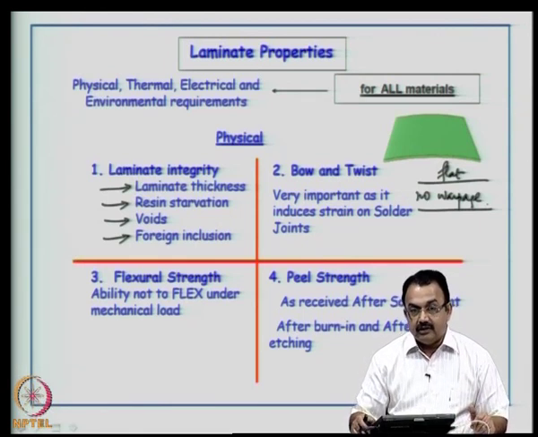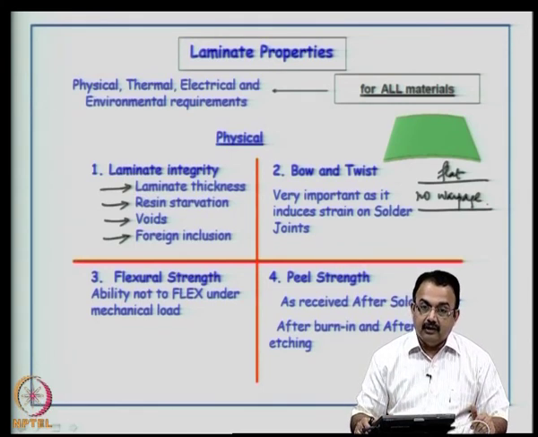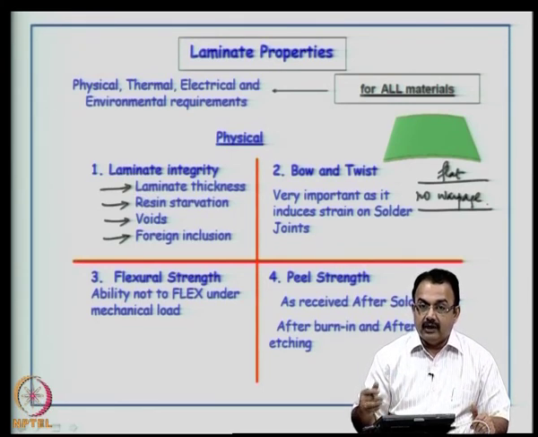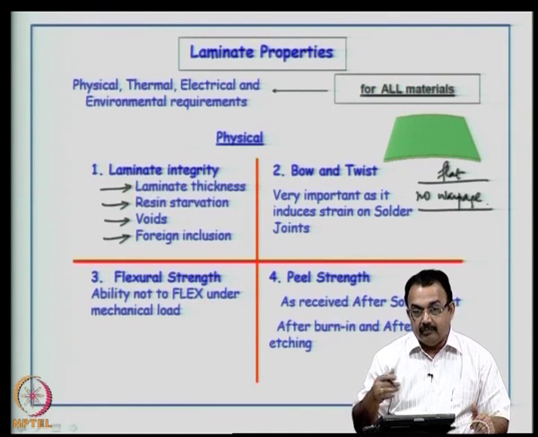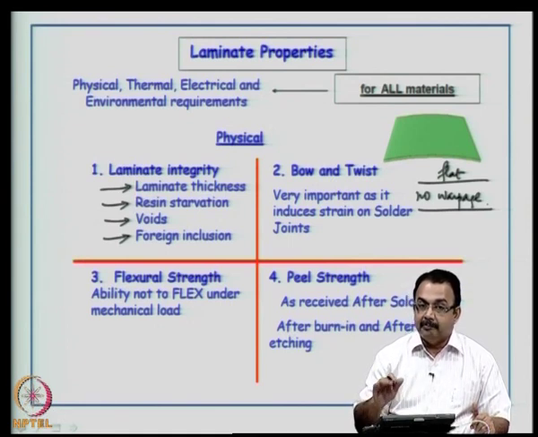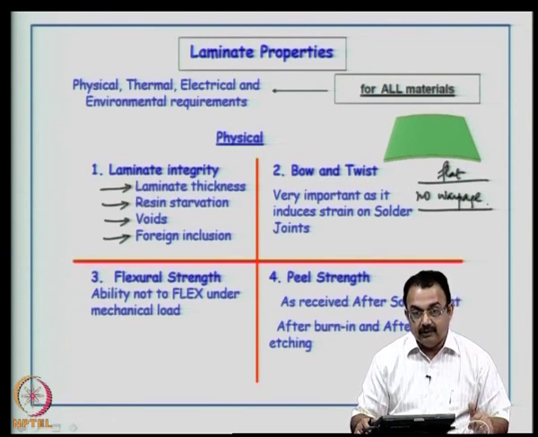Now, if there is a bend and if you have started fabricating the PCB, when the board experiences thermal shock during soldering and so on, there will be dimensional changes, there will be heat shock, thermal shock, and this will induce the strain at the solder joint because of this warpage. So, make sure that your PCB is flat.